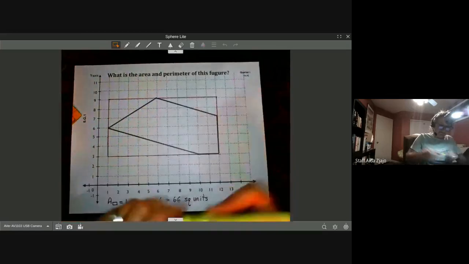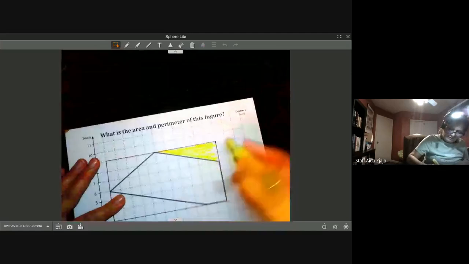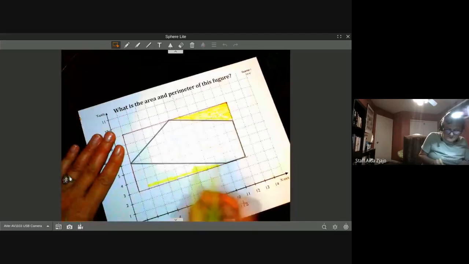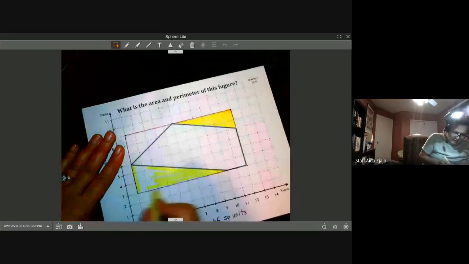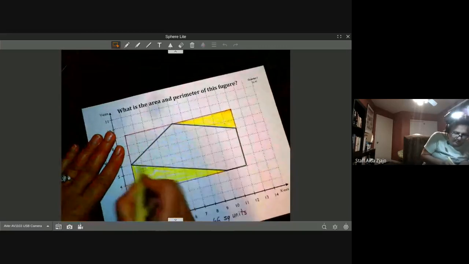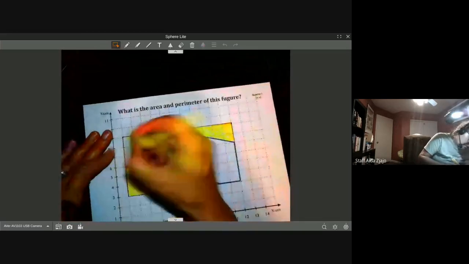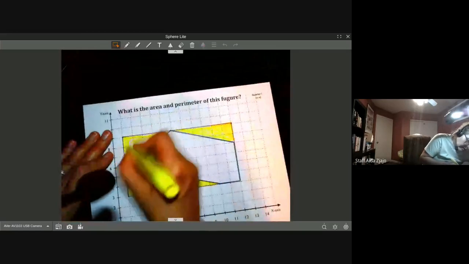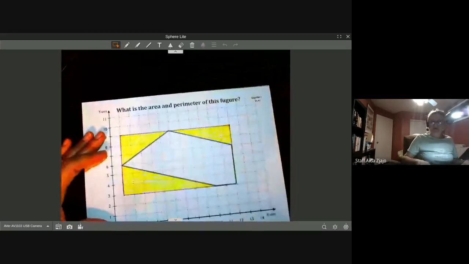If I highlight the parts, that will help me figure out what I need to take away.